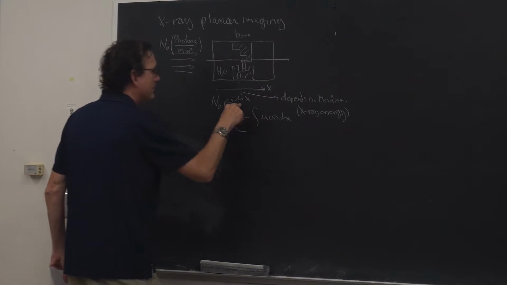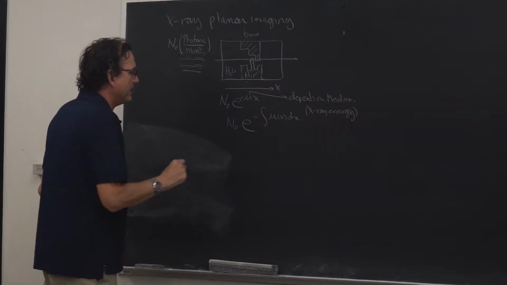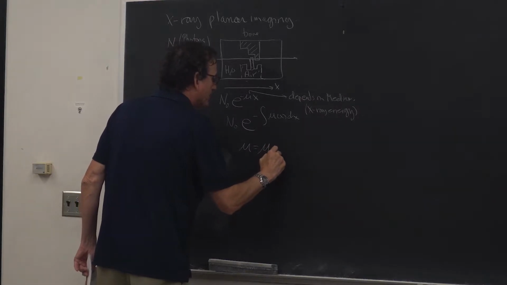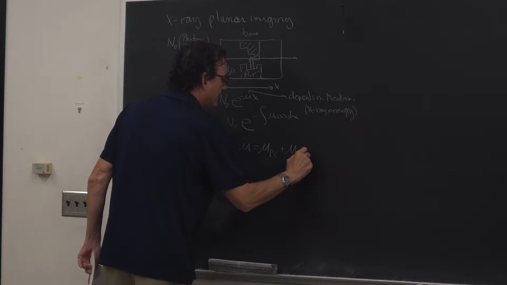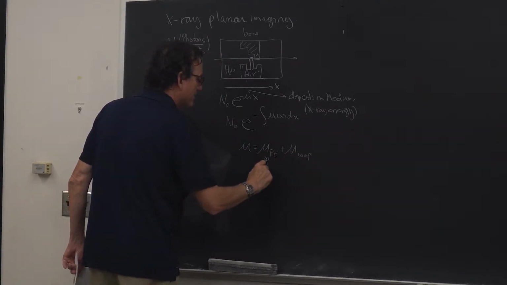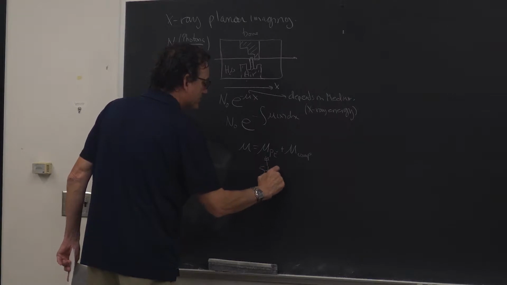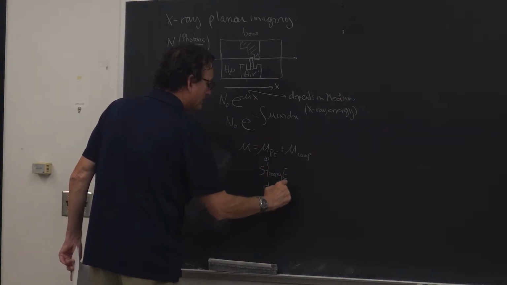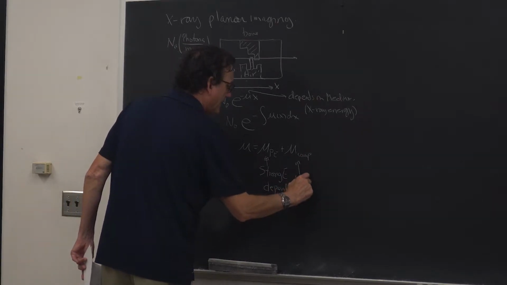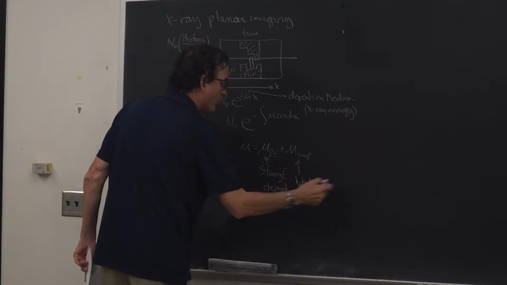the absorption coefficient can be broken into two parts: mu photoelectric plus mu Compton. The photoelectric part has a strong energy dependence, and the Compton part has a weak energy dependence, and they don't always overlap.